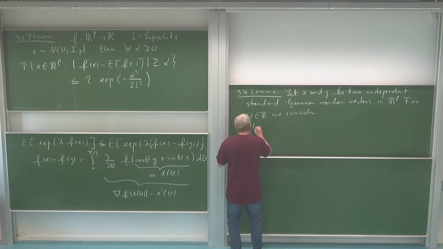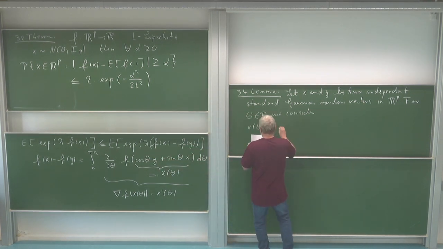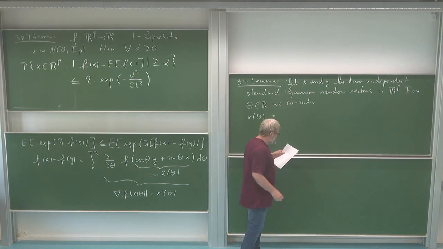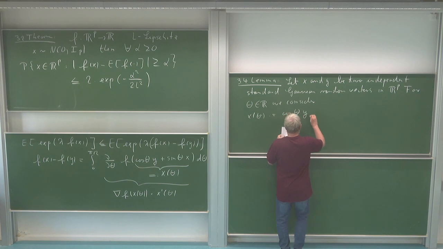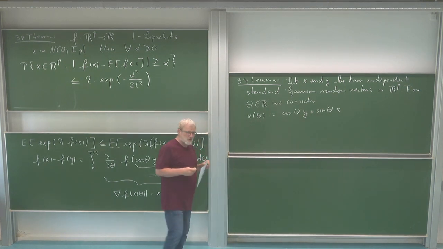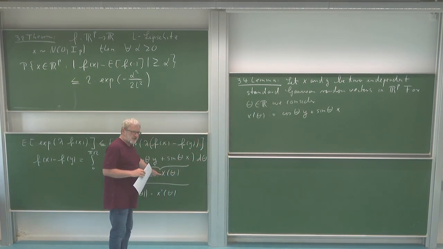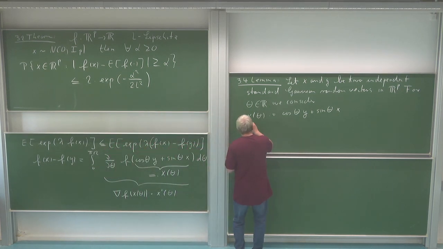Consider, so x of theta is what I have here. That's a linear combination of y and x, where I take cosine theta of y plus sine theta of x. And then the second vector which I take is the derivative of this, but now let me just call it y. It's another combination, which I call y of theta.